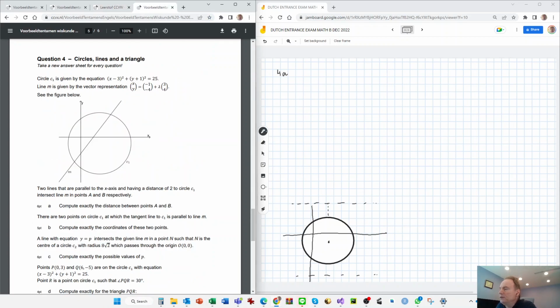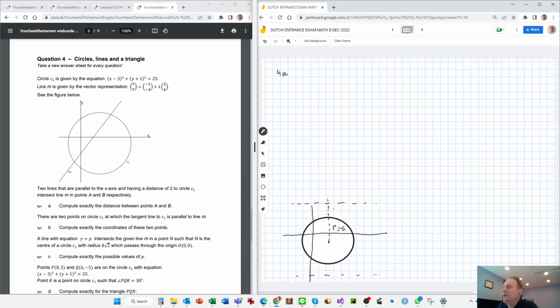So this is the perpendicular line, and well, this is the radius, which is the square root of 25. That's also something you need to know. So the radius is 5.